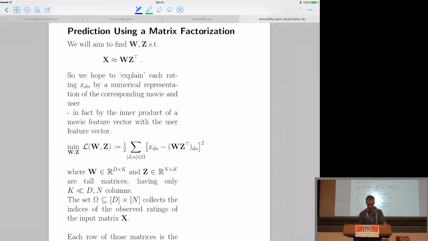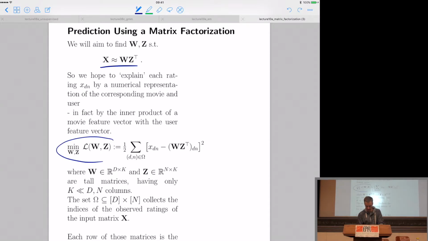So here is the problem again. That's exactly what I wrote. That's our task. And now if you want to formulate it as an optimization problem, then this is basically what you would get. So what is it? The question is this, what are we summing after? So what we have here is the squared error. The d and n here only goes over the white entries where we do have the information.